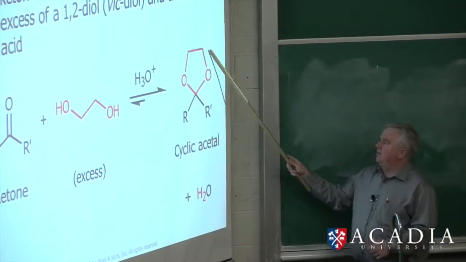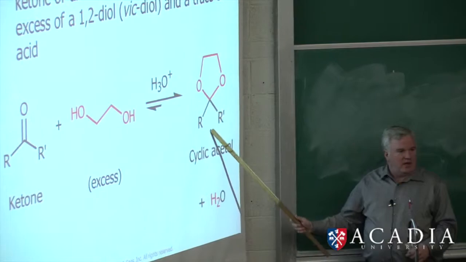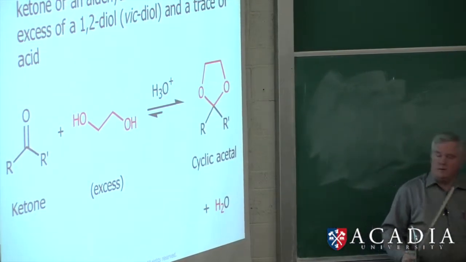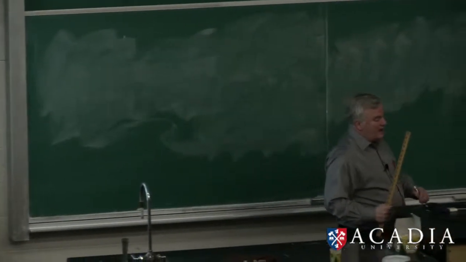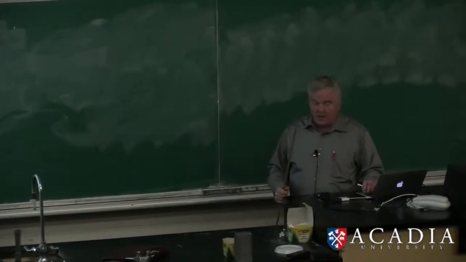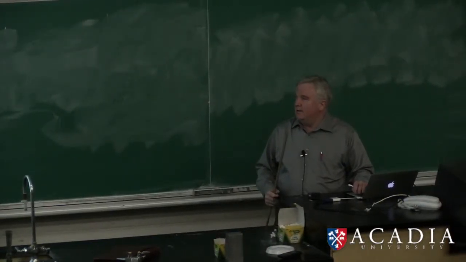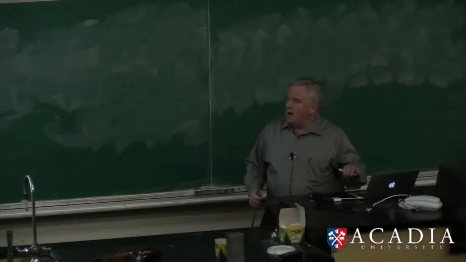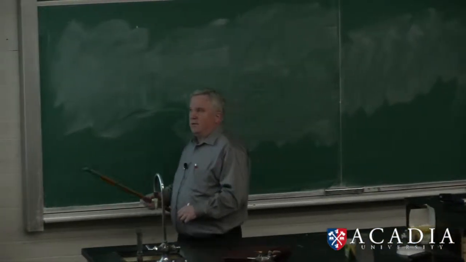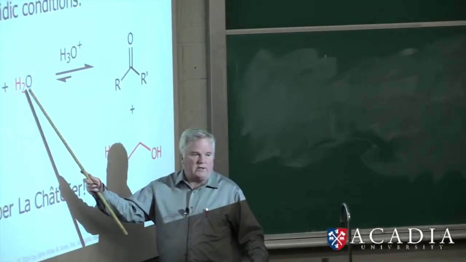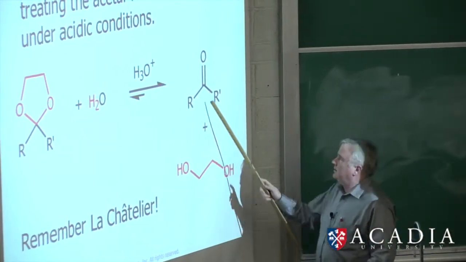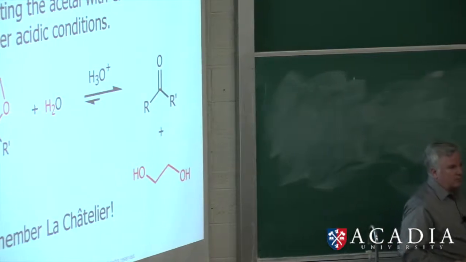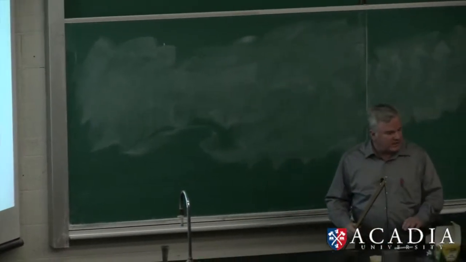And notice now this thing is connected. We have a cyclic acetal. This is a very common reaction because it provides us with a way to protect carbonyl compounds. Because all we have to do is put lots of water in and we can get back to our carbonyl compound.